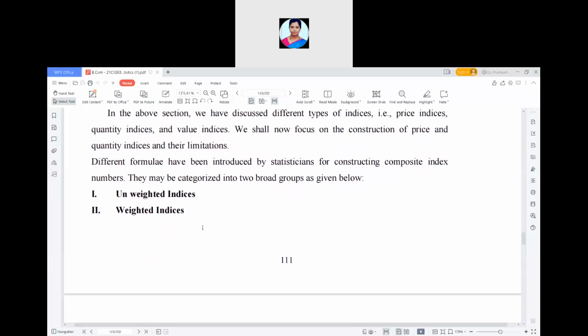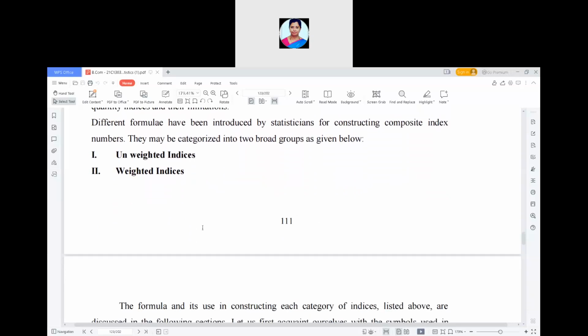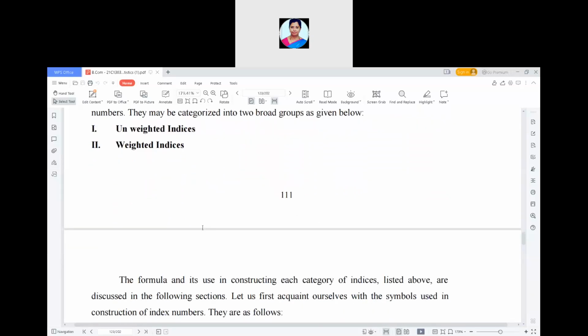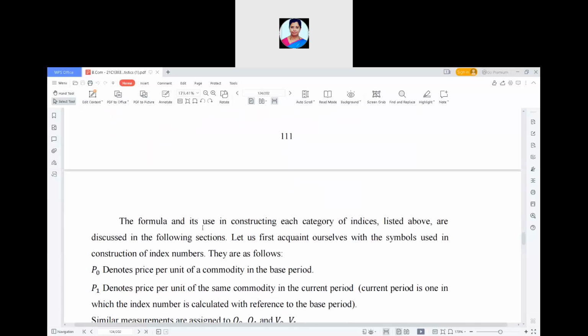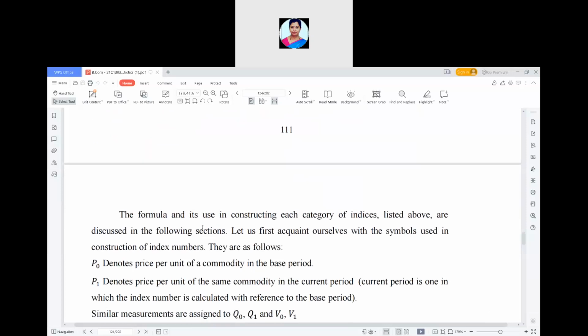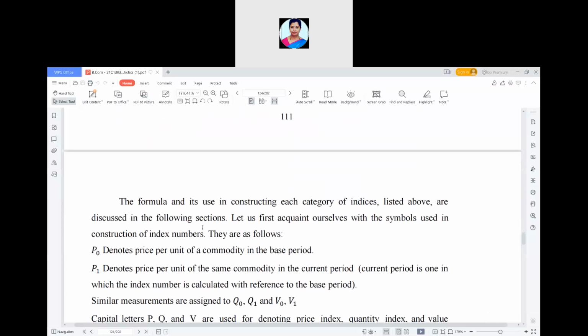The formulae and their use in constructing each category of indices are listed above and discussed in the following sections. Let us see what notations and symbols we use in constructing the index number.